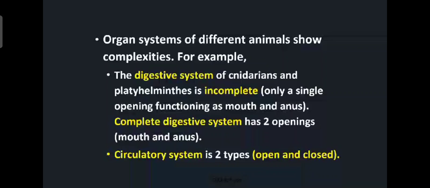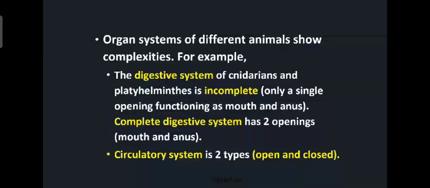Clear? Similarly, circulatory system. It is also of two types, that is open and closed type of circulatory system. Open type means the blood is pumped out of the heart and the cells and tissues are directly bathed in it. So from the heart the blood falls directly on the cells and tissues. That is called open type of circulatory system.